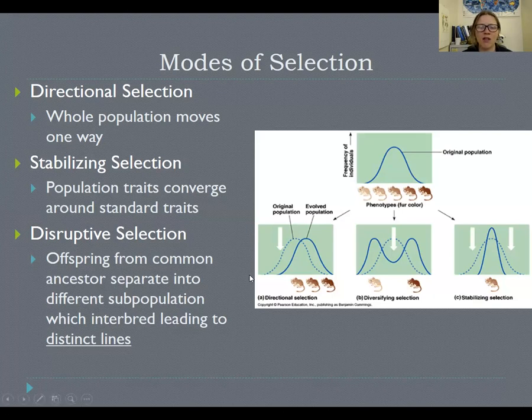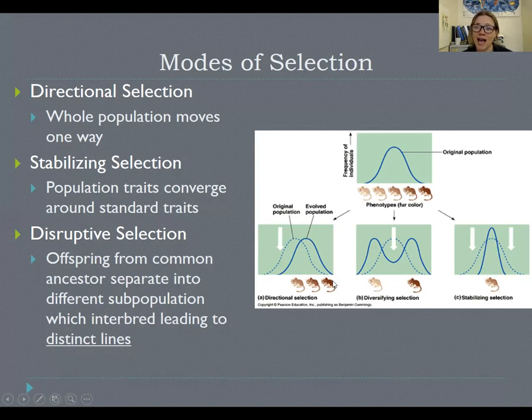For example, in this little population of mice, maybe this darker colored mouse is better at hiding on some sort of basaltic landscape. So maybe there's some dark soil or dark rock that these mice are scurrying around on. There's a variety of different mice within the population because it's a diverse population, but those with the light coats don't do as well. They can't hide as well. They're more likely to be nabbed by a predator.